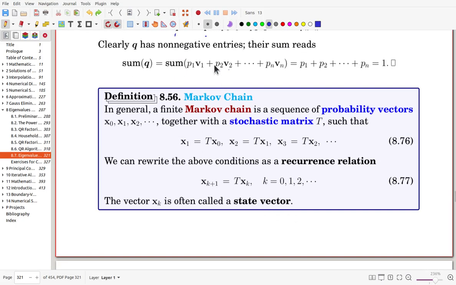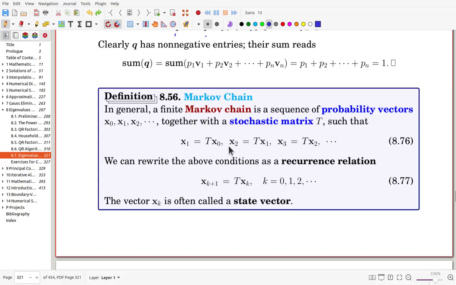Okay. Now we define a Markov chain. A finite Markov chain is a sequence of probability vectors x0, x1, x2, and so on. From x0, a probability vector, T, a stochastic matrix, is multiplied to get x1.